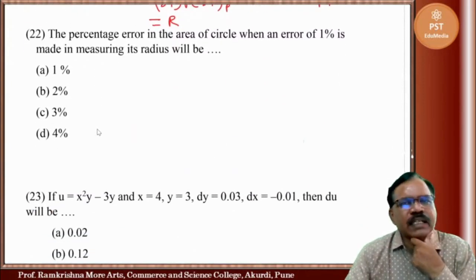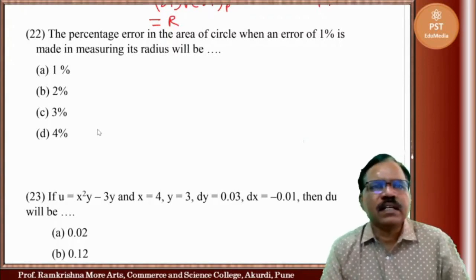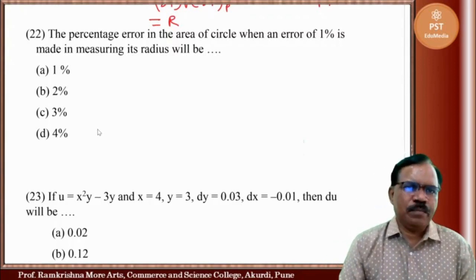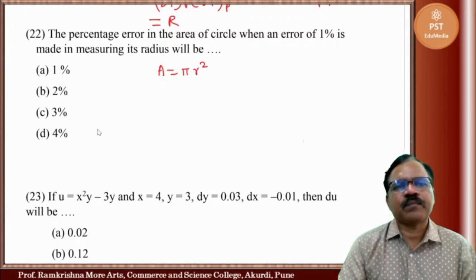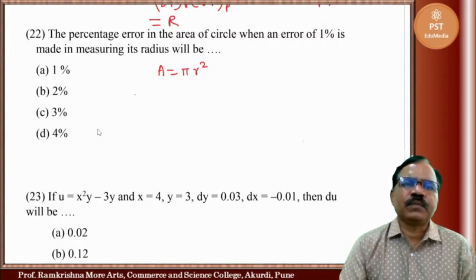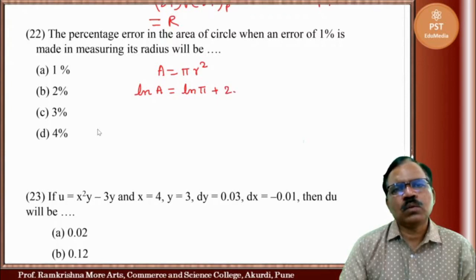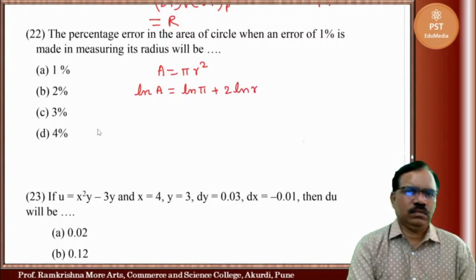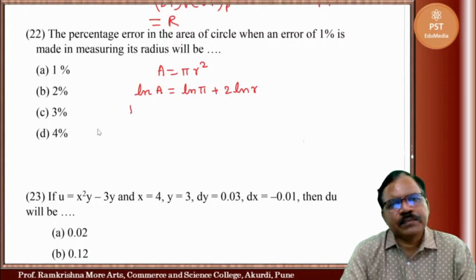The percentage error in the area of circle when an error of 1% is made in measuring its radius will be. Now we know area of circle is A = πr². Now let us take logarithm. So log A = log π + 2 log r. Now differentiate.